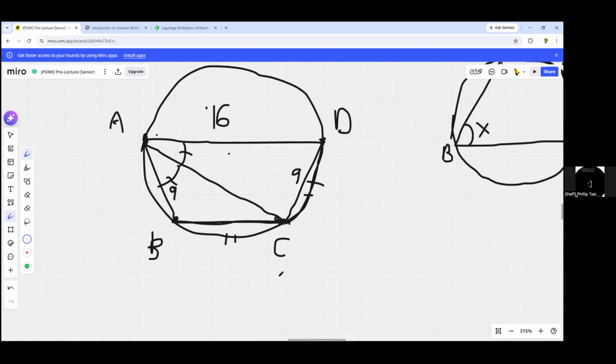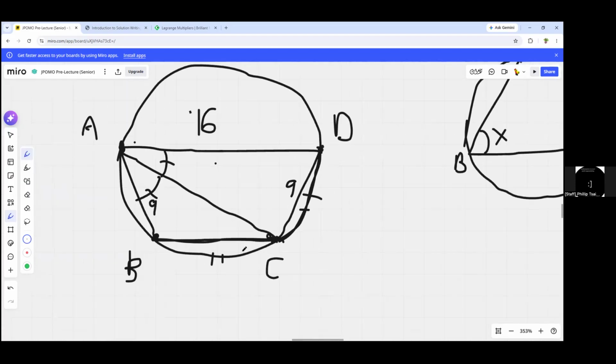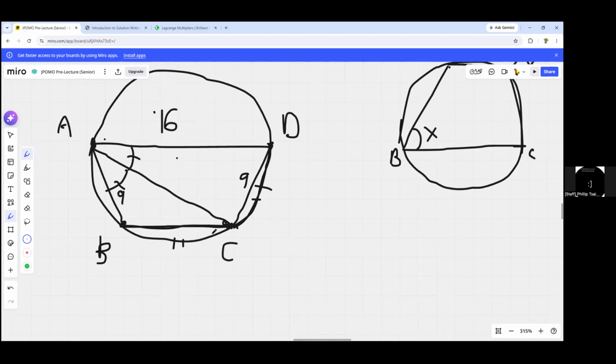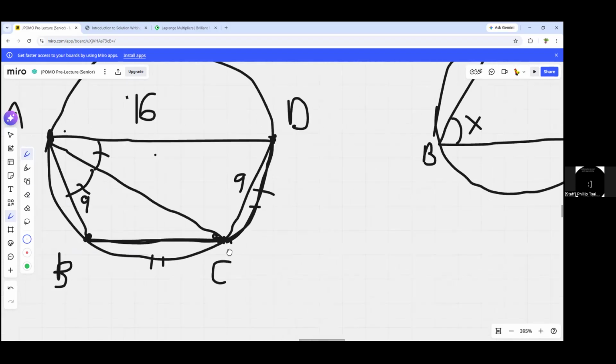Equal arcs, yes, actually. They're actually right.